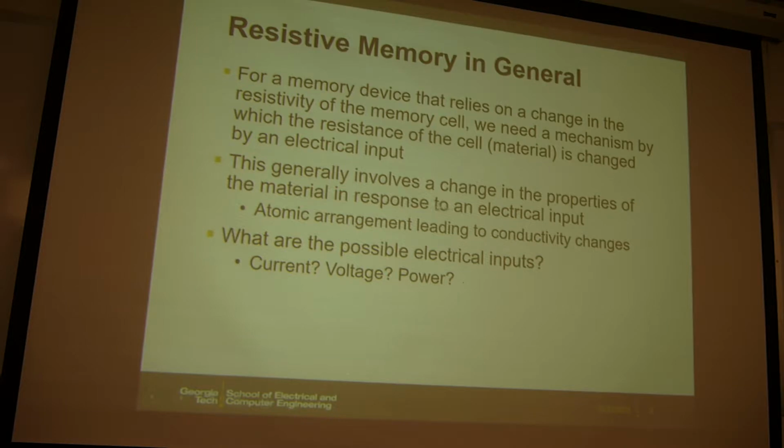For example, we can apply voltage or current to that cell, and then we can change the resistance. Many of the mechanisms here are associated with the atomic rearrangement of that material.